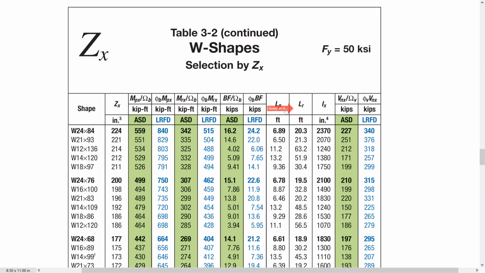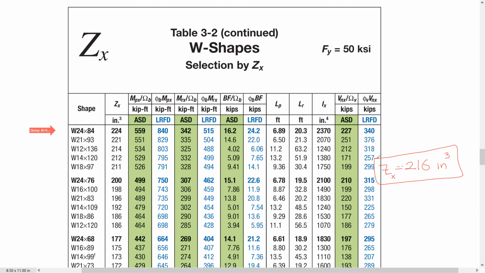Okay, so here this is Zx, and our required Zx was equal to 216 inch cubed.